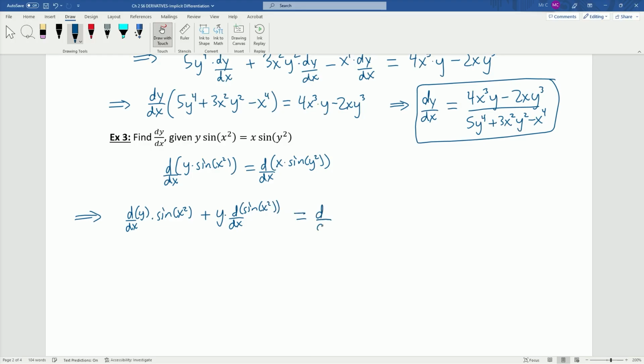equals the derivative with respect to x of x times sine of y squared plus x times the derivative with respect to x of sine of y squared. Okay, the derivative of y with respect to x, well, that's still just dy dx because we don't know what it is.